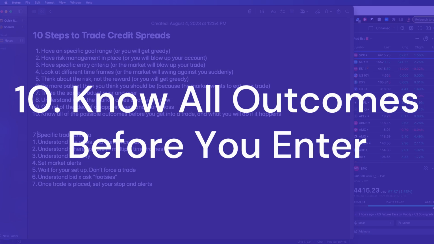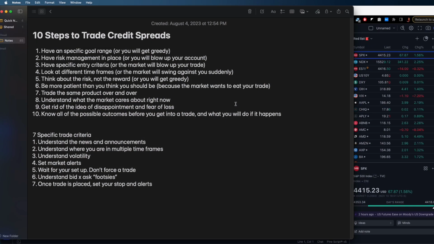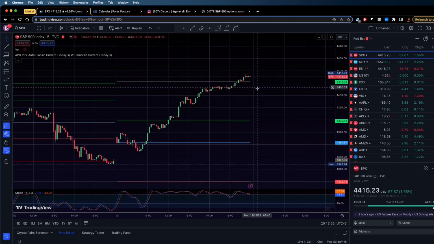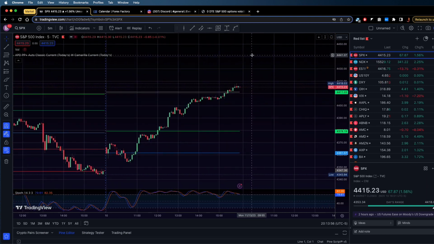Number 10, know all of the possible outcomes of your trade before you get into that trade, and know what you're going to do if that happens. So, let's say, for example, again, we come over here, we're going to put a call trade above the market and say that the market's probably primed to rebound or oscillate or whatever.